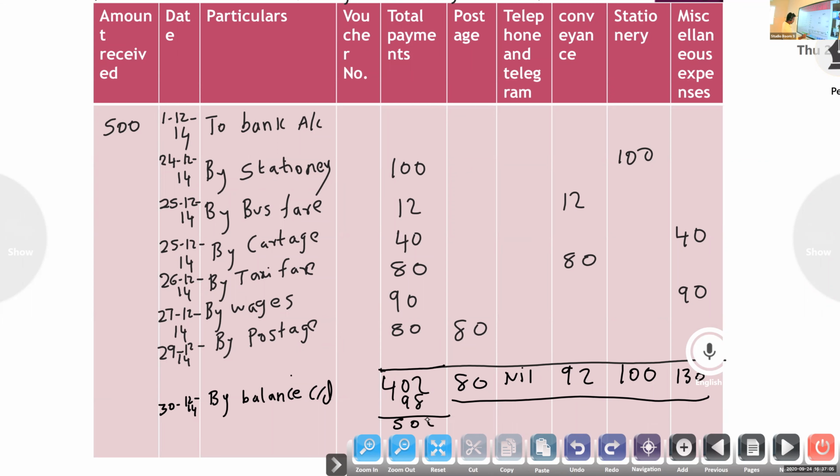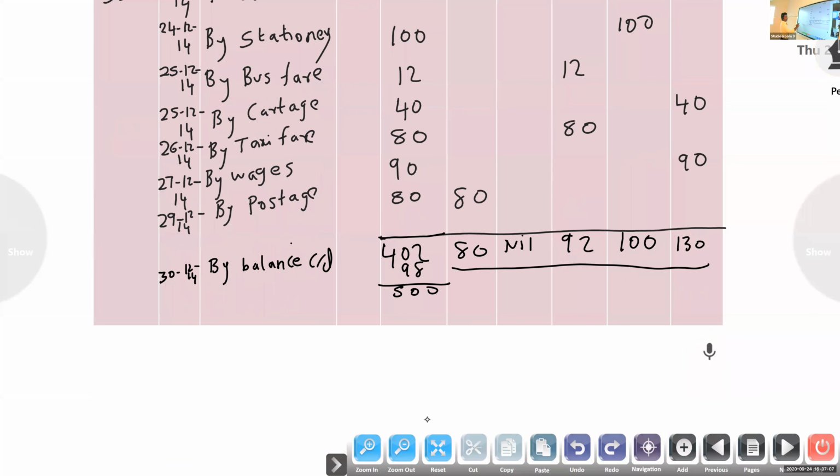So 500, then here also 500. Okay. So the spending we got is 402. Then on the debit side we have 500. Total is 500. So 500 minus 402.